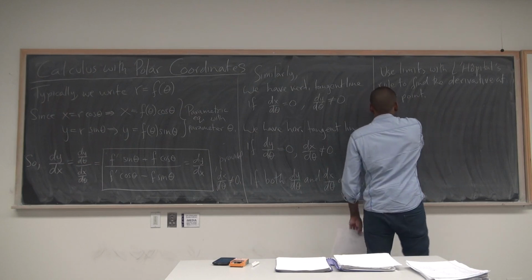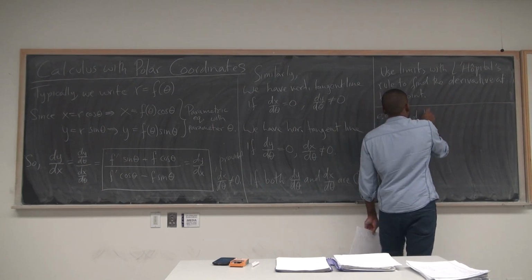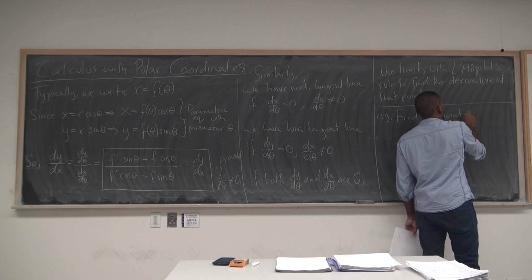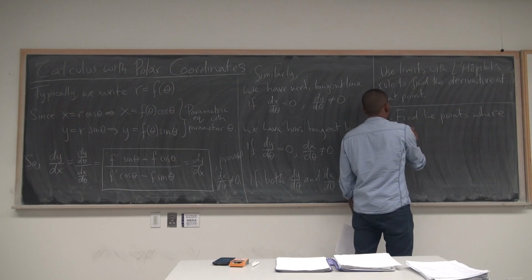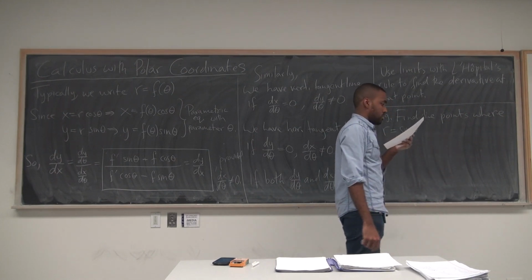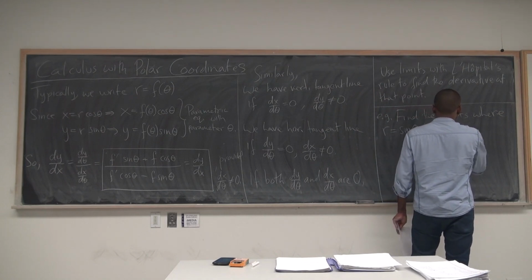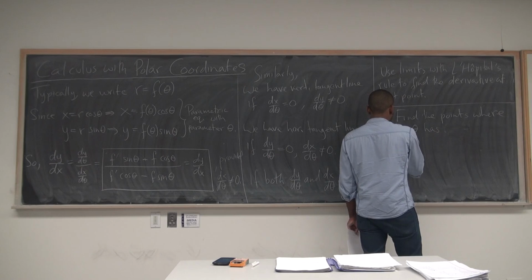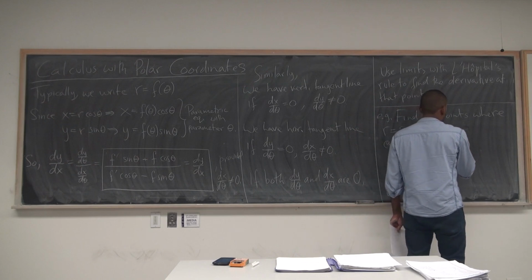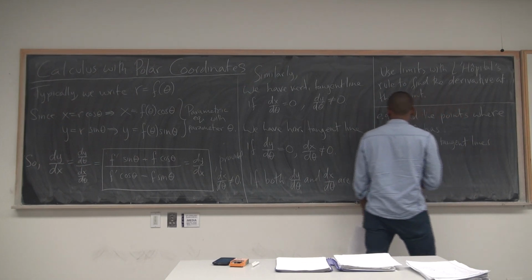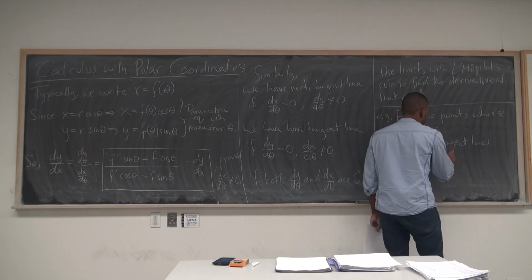Okay, I gave you an example. Find the points where this graph r equals sine theta has horizontal tangent lines and vertical tangent lines.